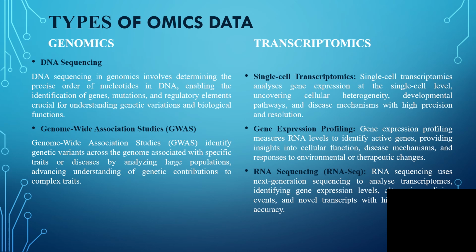For example, it has been used to study how specific genes respond to chemotherapy drugs, helping design more effective treatments. RNA sequencing is used to study the transcriptome. A great example is using RNA sequencing to understand how the COVID-19 virus interacts with human cells, helping researchers to identify potential therapeutic targets. These examples show how genomics and transcriptomics contribute to real-world discoveries, making them invaluable tools for research and medicine.